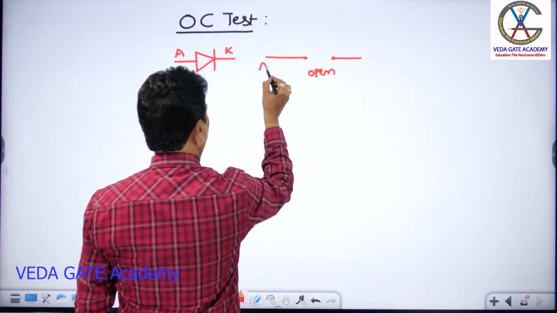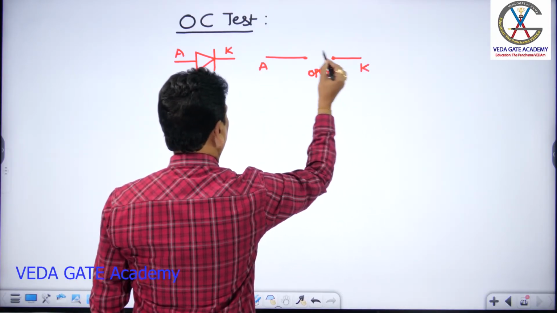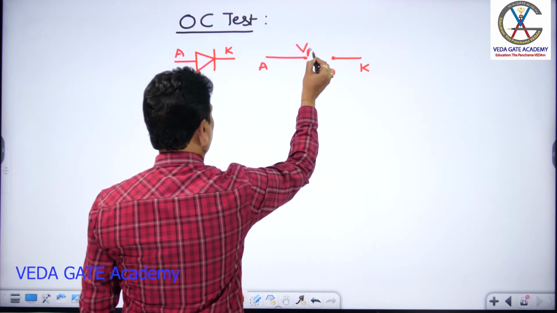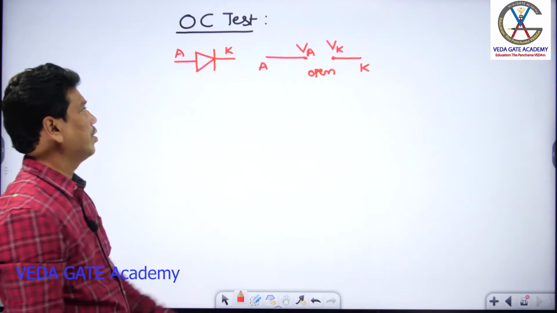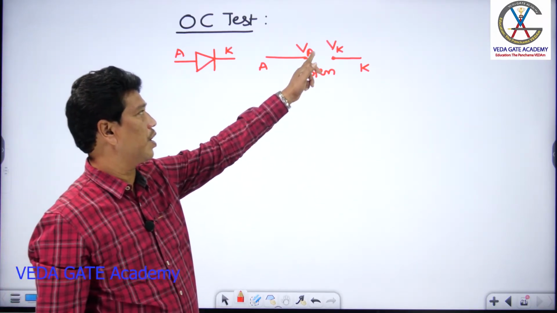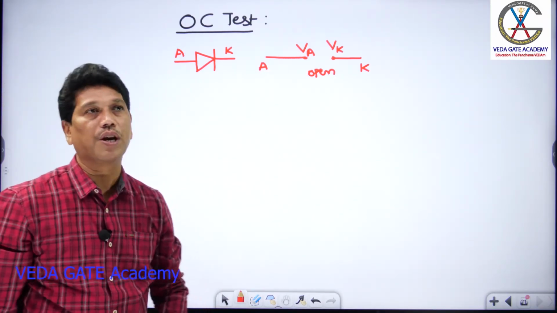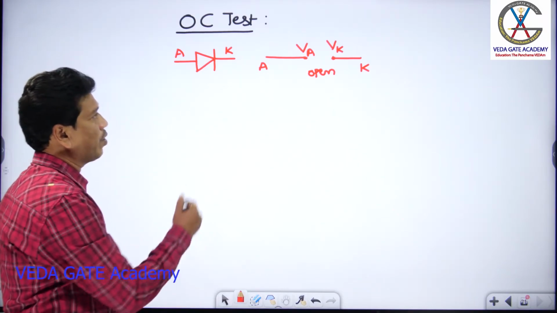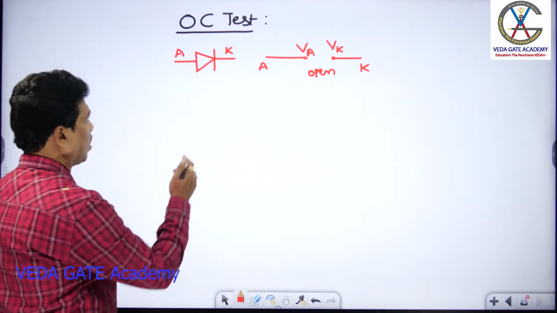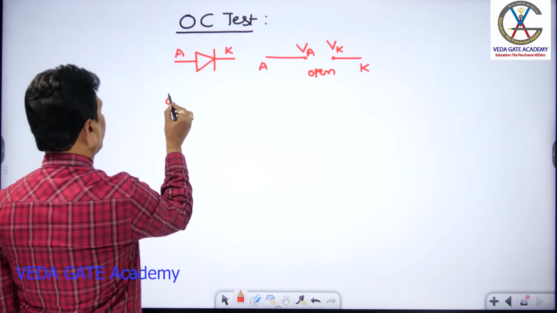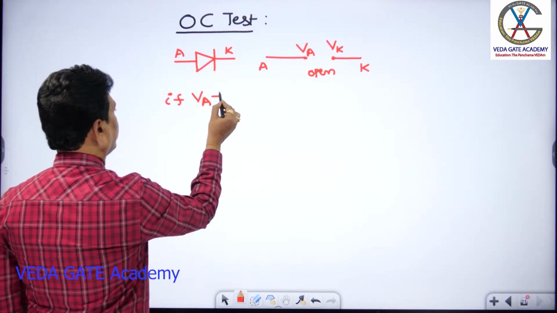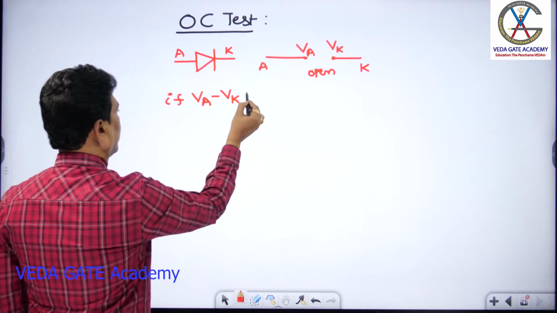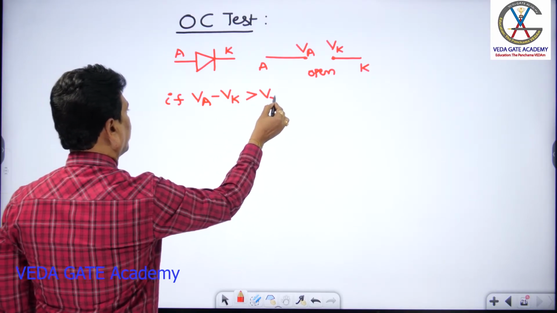Here I assume that this anode node potential is VA and the cathode node potential is VK. Assuming the diode as open, you can check if VA minus VK is greater than VR.